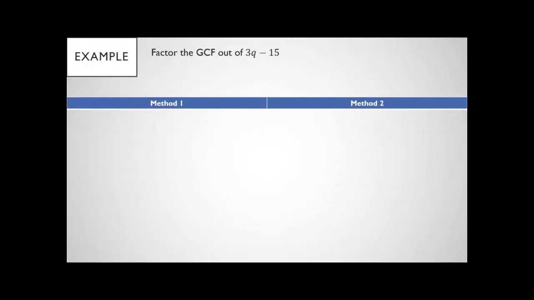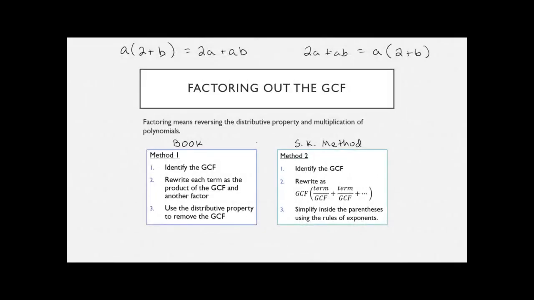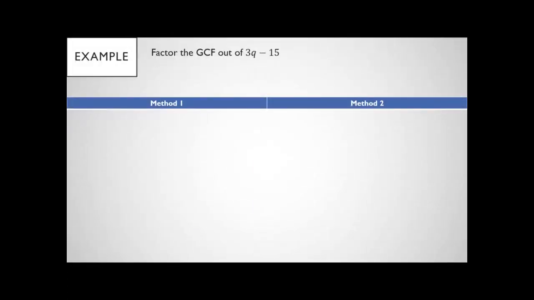So we're starting with a simple example, 3q minus 15. We're going to do this with both ways. The first step is to identify the greatest common factor, and it's the same step for both methods. The greatest common factor is the largest number or variable that you can divide out of every term in your expression. In this case, it's going to be a number.